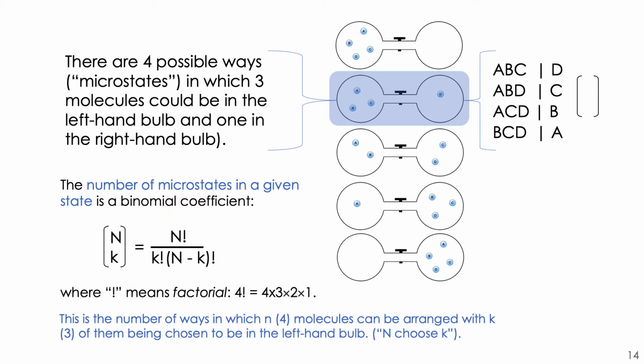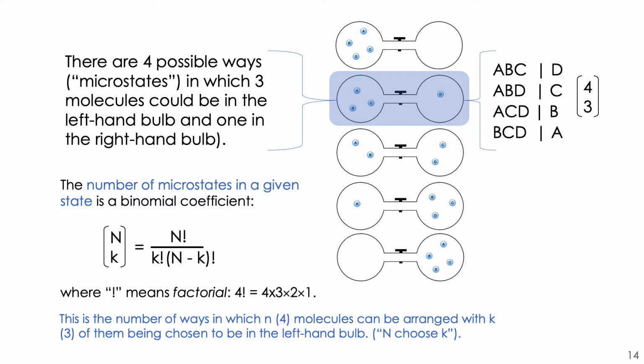Therefore, what this description is telling us is that n choose k is the number of ways in which n, in this case 4, molecules can be arranged with k, in this case 3, of them being chosen to be in the left-hand bulb. Important, we are taking the left-hand bulb as reference. So if 3 are on the left side, we know there is going to be 1 on the right side.